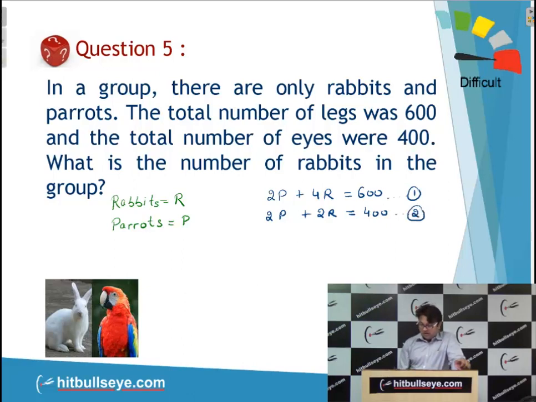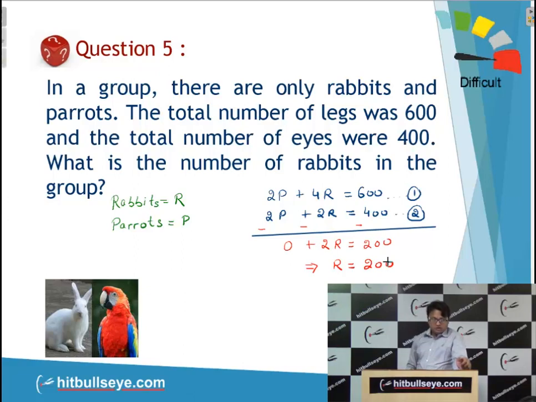Now again, if I subtract these 2 equations, I will get 0 plus twice of rabbits is equal to 200, which gives me my desired answer of number of rabbits equal to 200. Right, students? So I hope you are very much clear now about the set of linear equations.